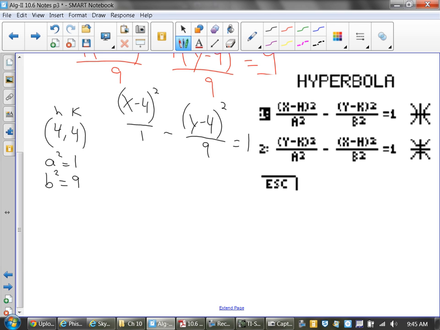What is my value of a? 1. B? 3. I'll write it as plus or minus 3 to remind myself. And then lastly, I've got to figure out what c squared is. It's a hyperbola, so how do you find c squared? You add a squared and b squared together.